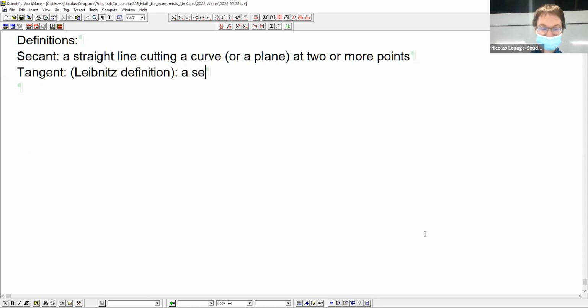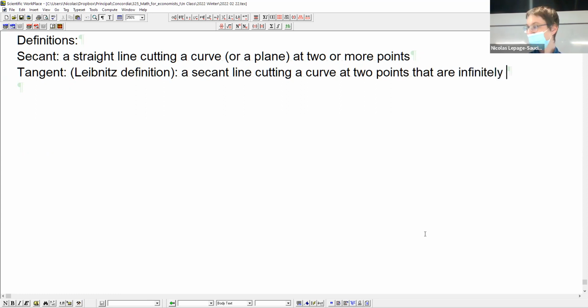A secant line cuts a curve at 2 points. A tangent is a line cutting a curve at 2 points that are infinitely close. Sometimes you see it described as just touching.